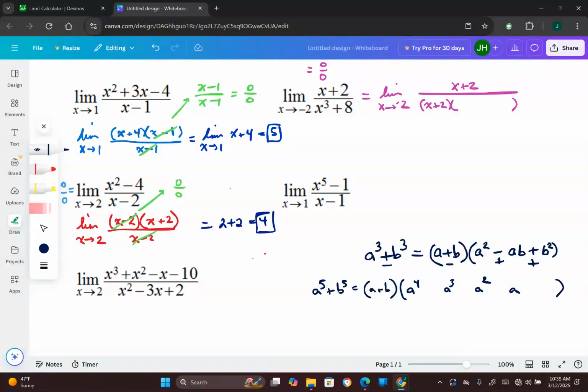Last term doesn't have an a. The b's go backwards. B to the fourth, b to the third, b to the second, b to the first, and no b. If this is a plus, the rest of the signs will alternate. If this is a minus, well, this would be a minus, and these would all be pluses.